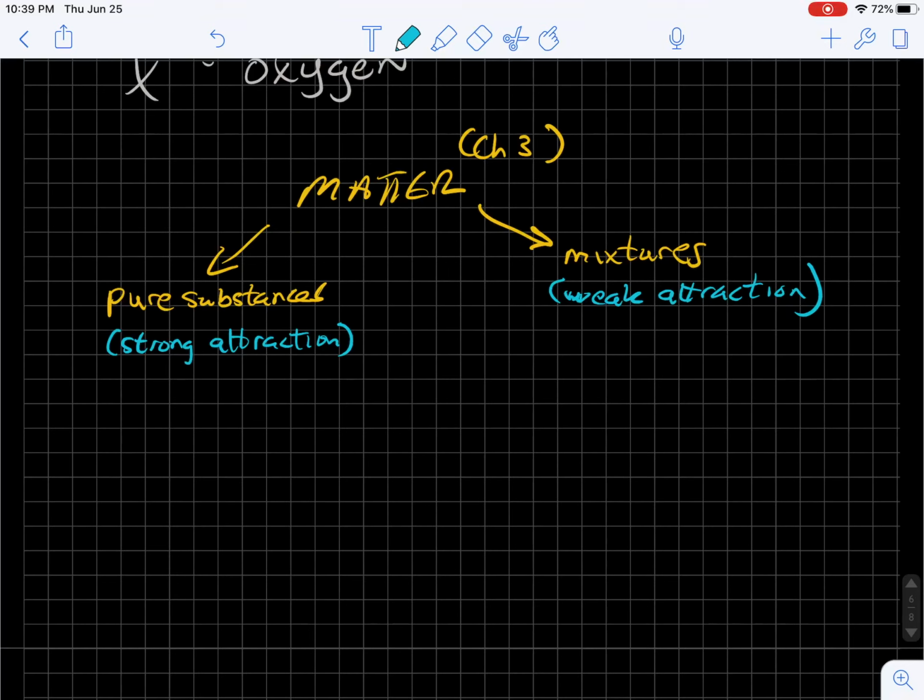In other words, we react hydrogen with oxygen, and we get a compound H2O, water. It has totally different properties from the hydrogen and oxygen. The hydrogen and oxygen were colorless gases, and the water at room temperature and standard pressure is normally a colorless liquid.